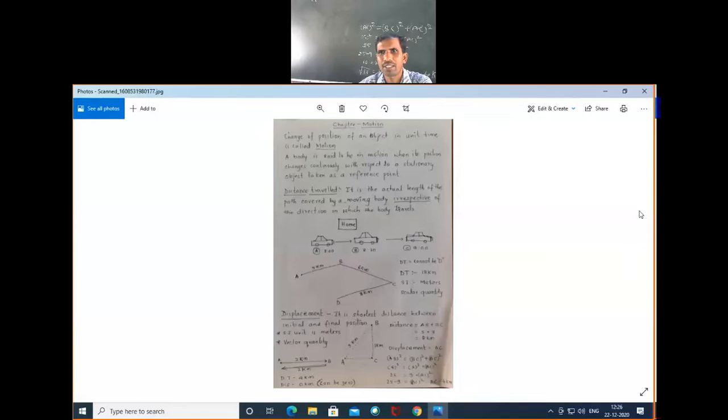Yes, Pranati Naik is replying. Distance traveled is a scalar quantity and displacement is a vector quantity, because it has magnitude as well as direction. That's why this is a vector quantity. Okay.